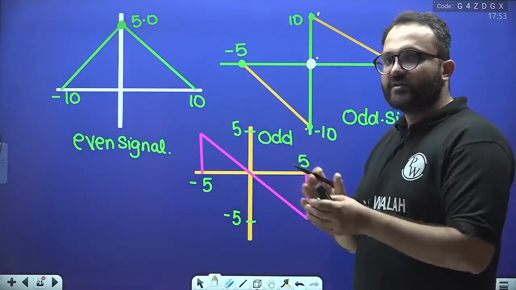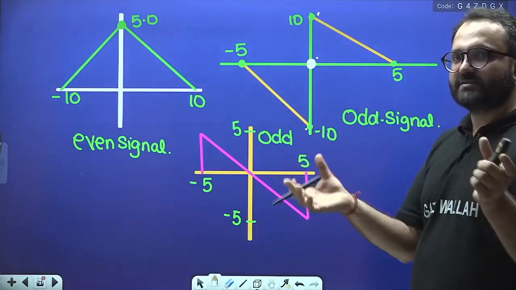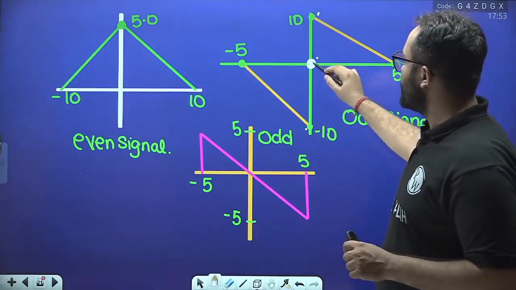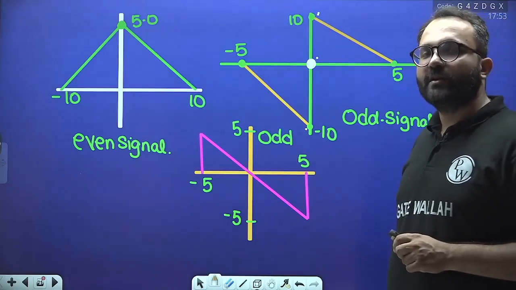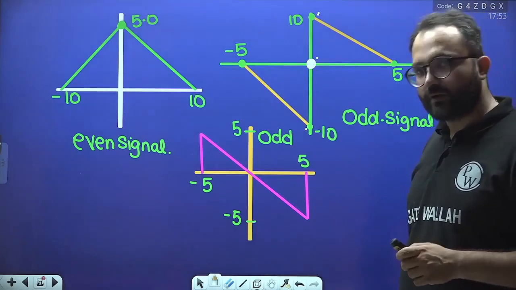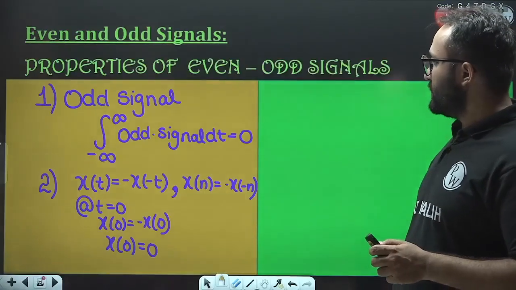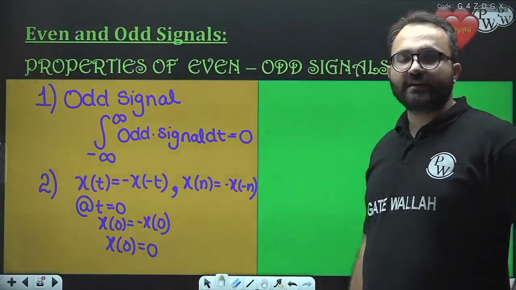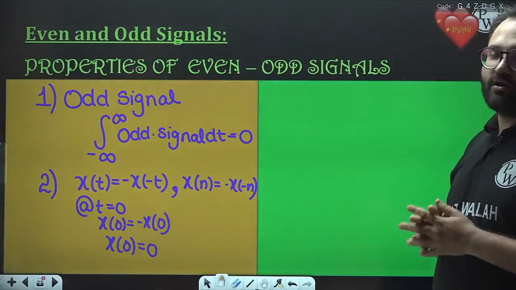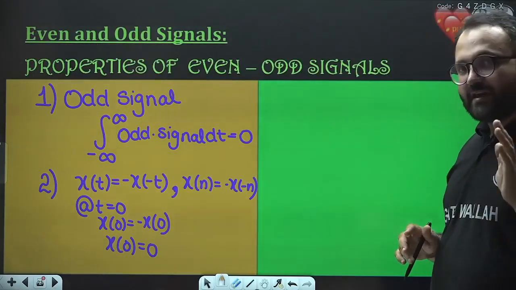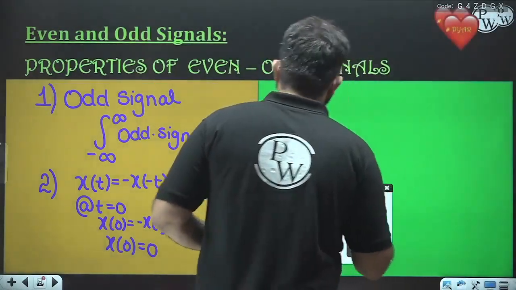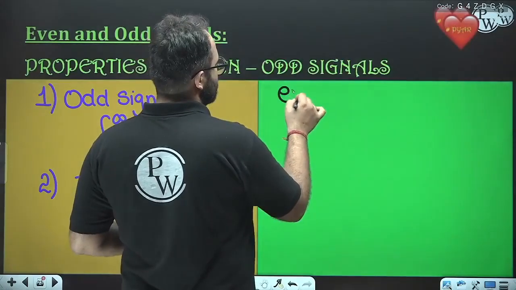The average will be 0. That is the value of the signal at the discontinuity point. So according to Gibbs, the value of the signal here is 0 only. So don't get confused about it. This property is 100% correct and valid everywhere. For odd signals, at t equals 0 or at n equals 0, the signal has value equal to 0, right?